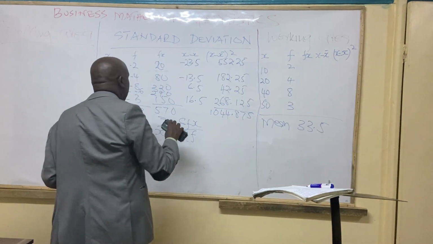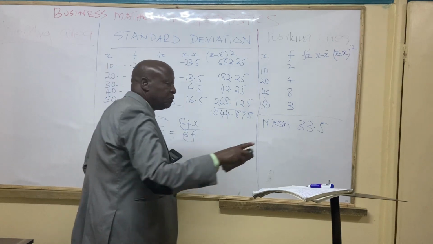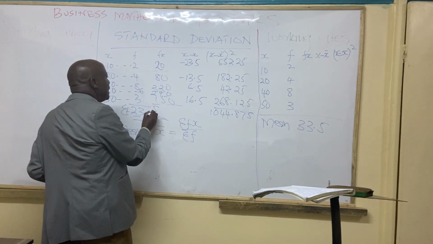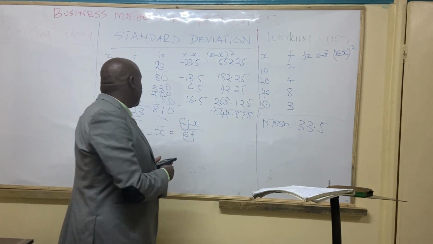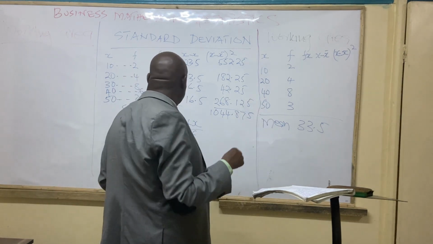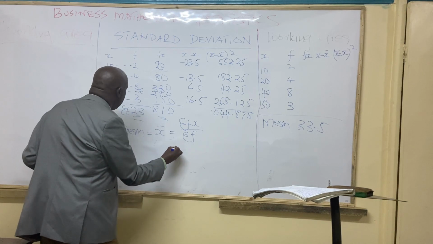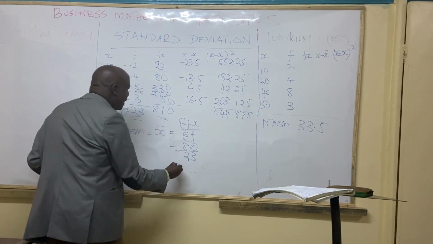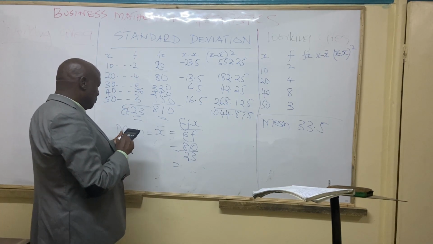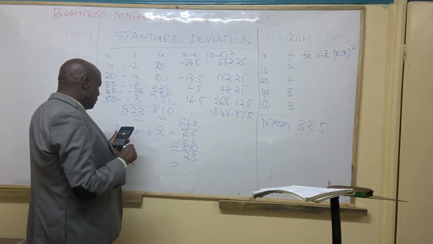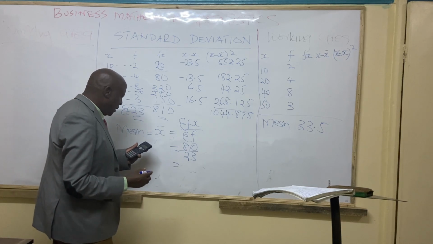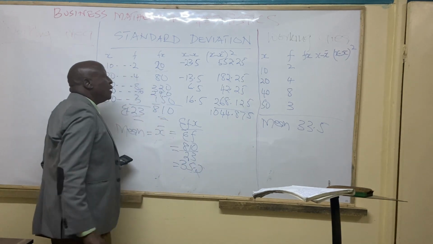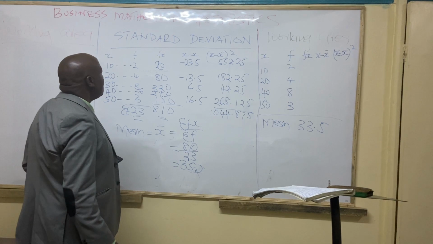Our sum here now will be 810. So our mean will be 810 divided by 23. So our mean will be 35.2.